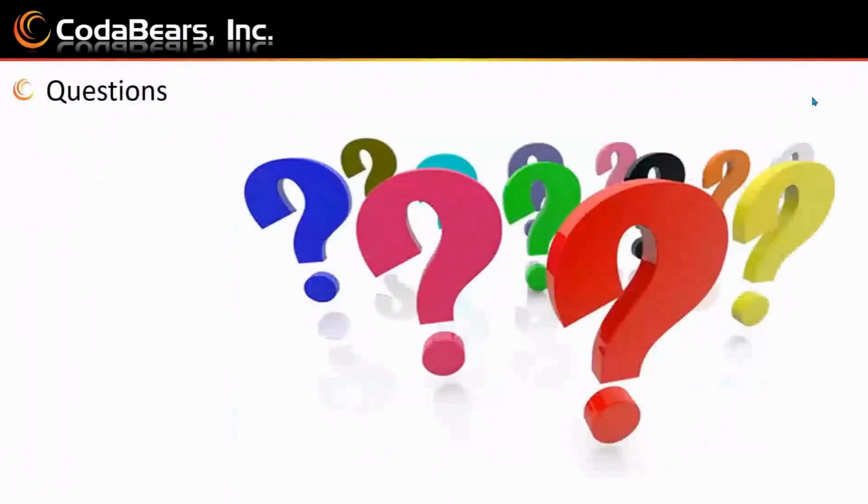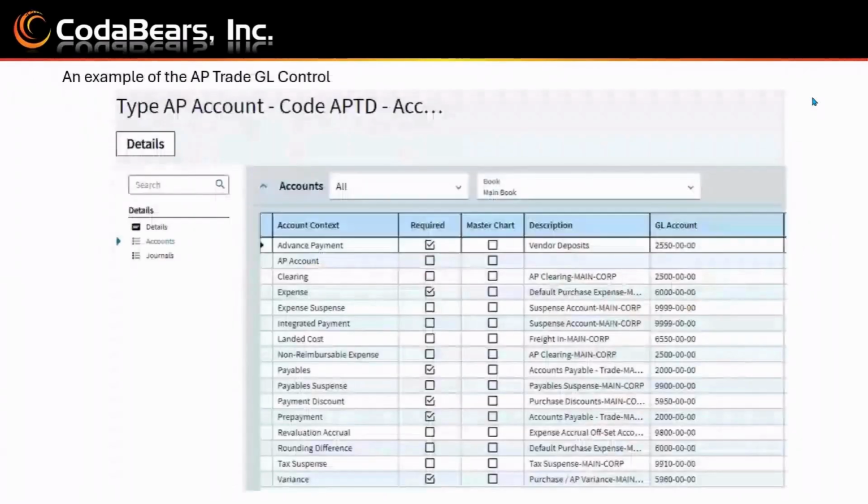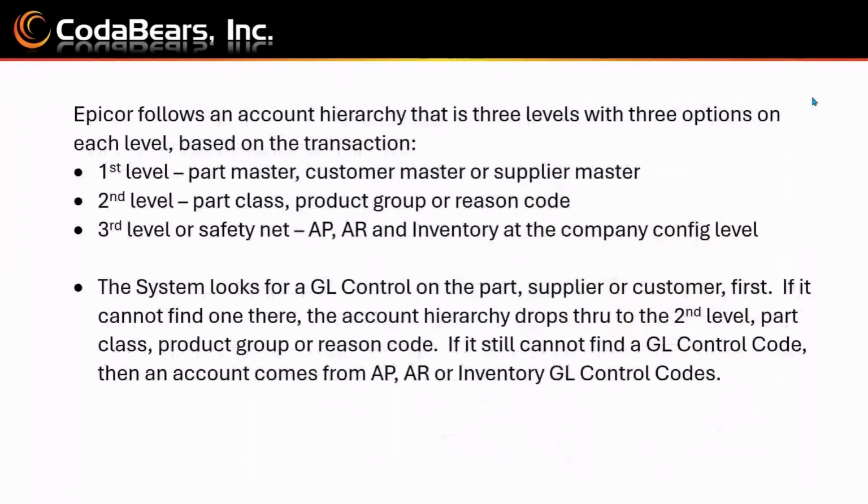And so in a nutshell, that's what we have for GL control codes based on standard posting rules and the hierarchy. If you're going to remember one thing from today's meeting, it's this screen here.